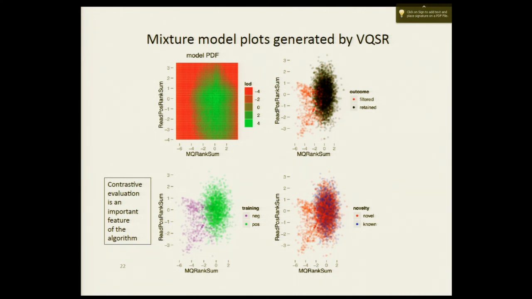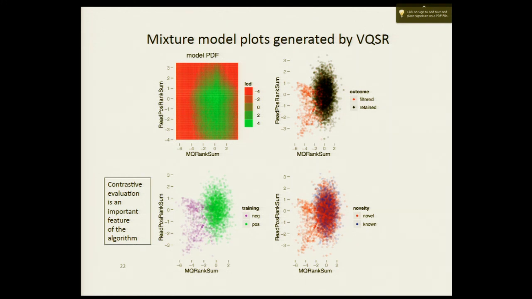Why do you have to build your own model every time you've got a new data set? Isn't it possible, from all your extensive experience with thousands and thousands of data sets, to get a set of best parameters and just use those? So the question was, why do you rebuild the model every time? Why can't you just learn an awesome model and use it every time? What we found is that the data is just too variable to do that.